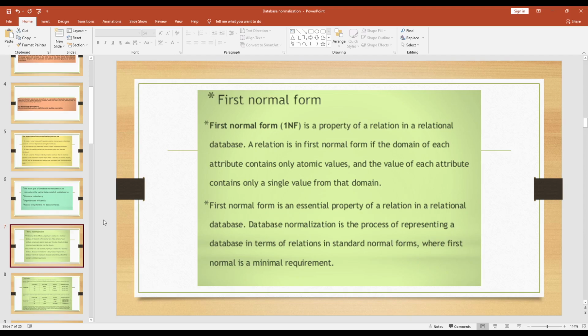First normal form is an essential property of a relation in a relational database. Database normalization is the process of representing a database in terms of relations in standard normal forms, where first normal form is a minimal requirement.